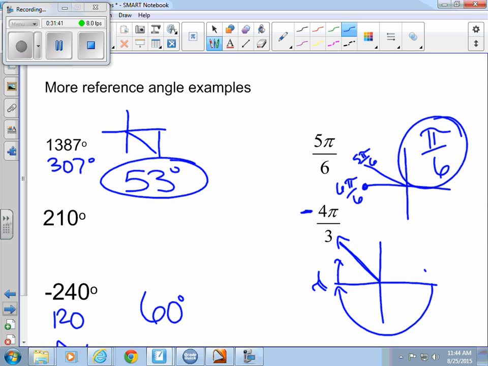In degrees, could you do this without finding a positive angle first? Now you had to, didn't it? In radians, could you? It doesn't matter, you can do it either way, but because of the fraction thought process, you could probably think of it that way. But anyway, so pi over 3 is the reference angle.